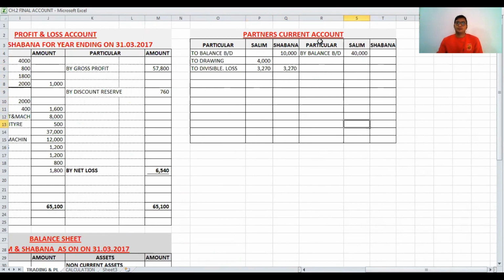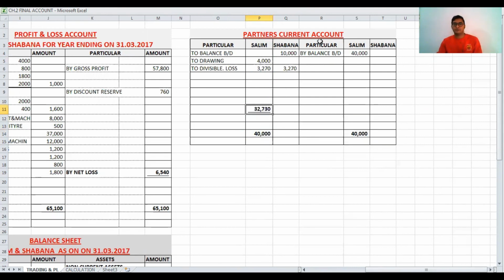Now first of all we have to close this Salim account. The credit side total is more. The same total is recorded on the debit side, and for the difference, from 40,000 we have to deduct 1 and 2. So finally our difference comes to 32,730, to balance carried down.